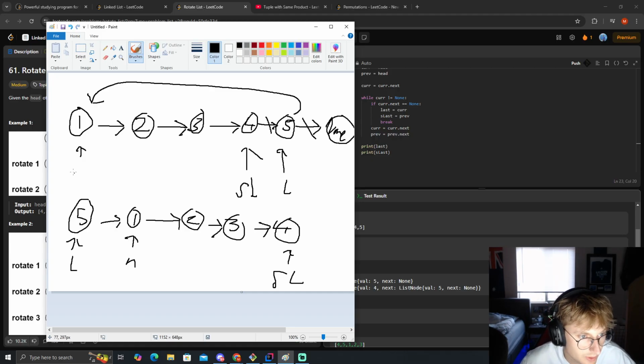So how are we going to rearrange these values so that we're constantly looking at the last variable here? That's the thing. I don't know. Is there a way that you can access the last spot in the linked list? Is there a way to access the last spot in a linked list in O of one time?